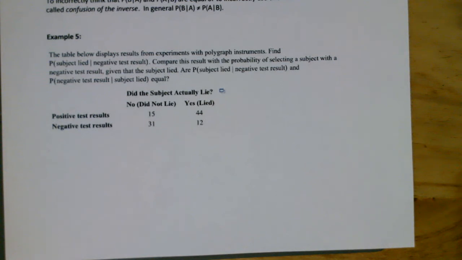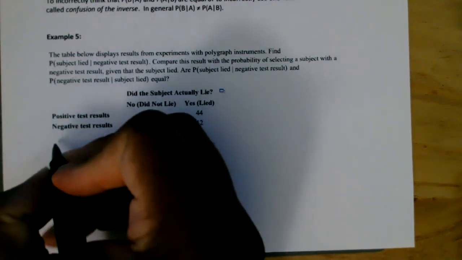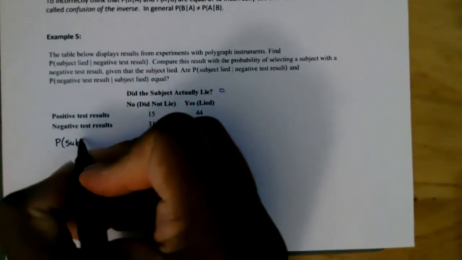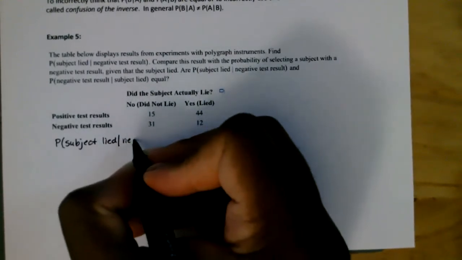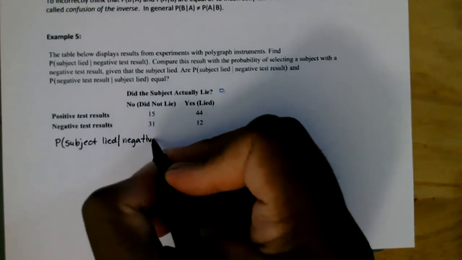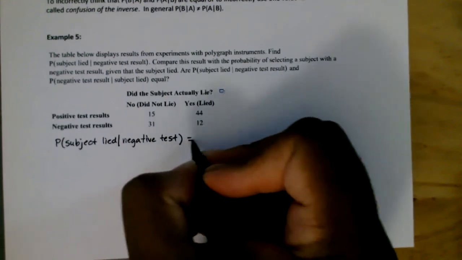Okay. So here's our table. Let's find the probability that the subject lied, given a negative test result. I'll just say negative test.